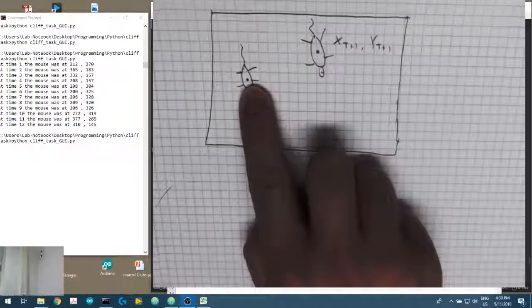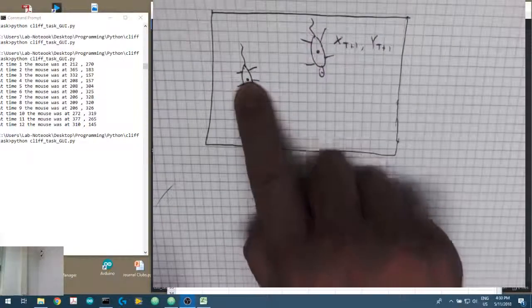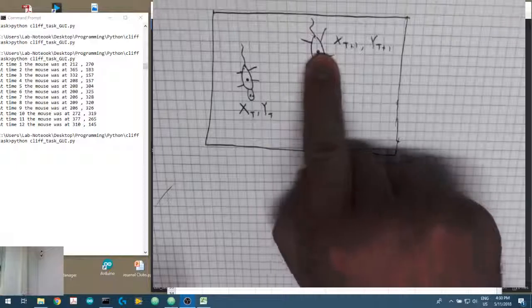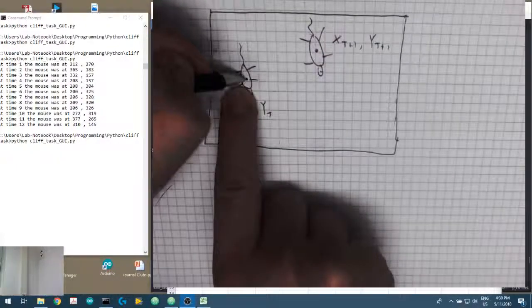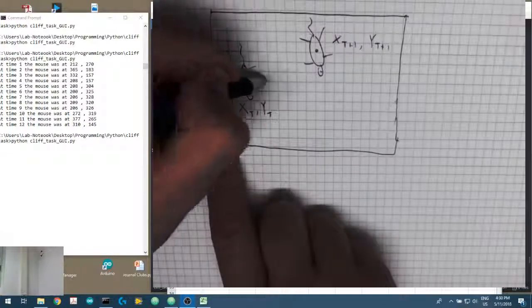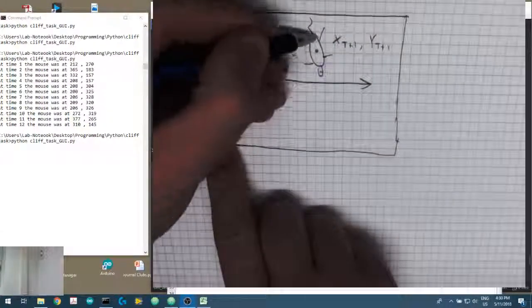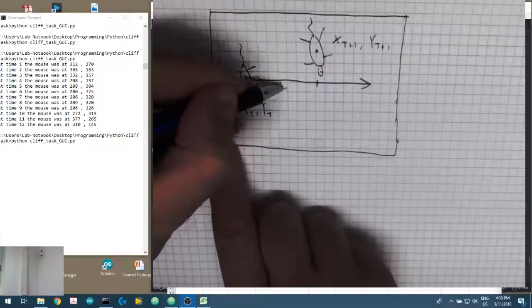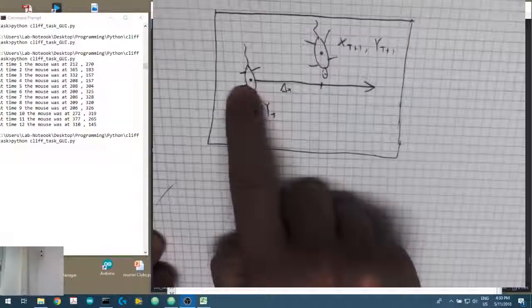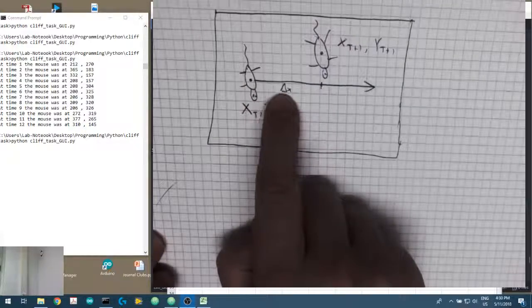So we need to calculate this distance between here and here. How do we do that? Well, we know that the mouse, or the beetle, has actually moved in this direction by approximately this much, hasn't he? So we've got a delta x here, from here to about here in that second.